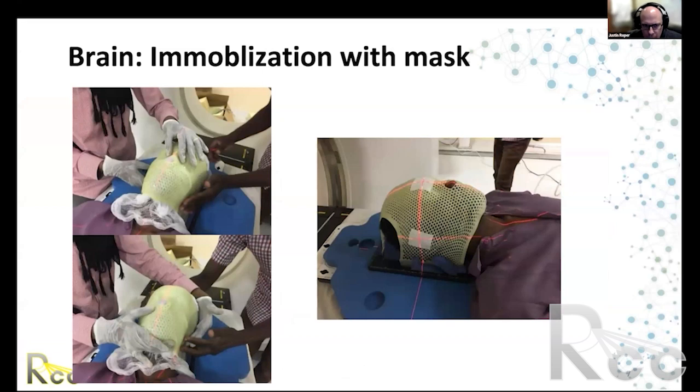More often, though, what we recommend is a thermoplastic mask, especially if that is available. These thermoplastic masks come as flat perforated sheets that can be placed in a water bath or a dry oven in order to warm the mask such that the plastic becomes pliable.